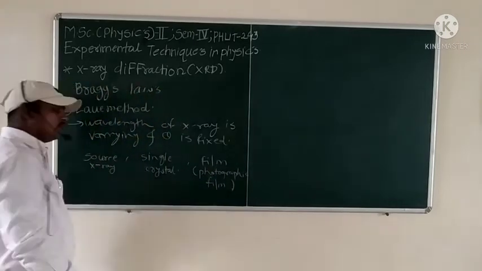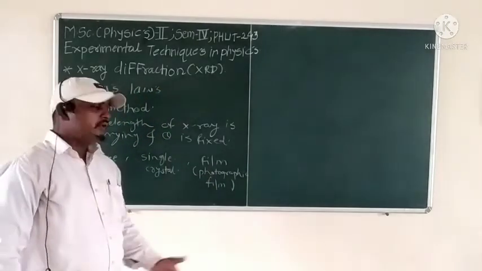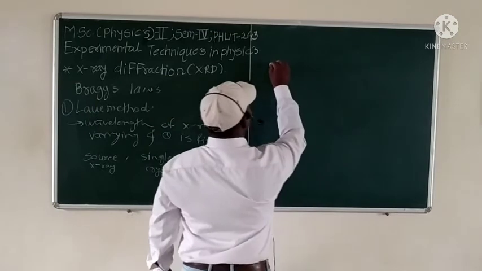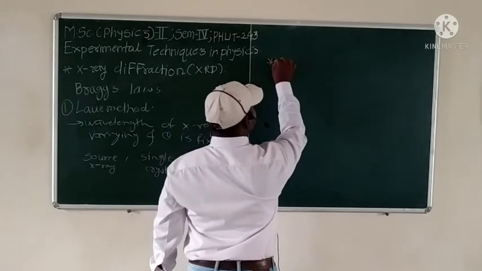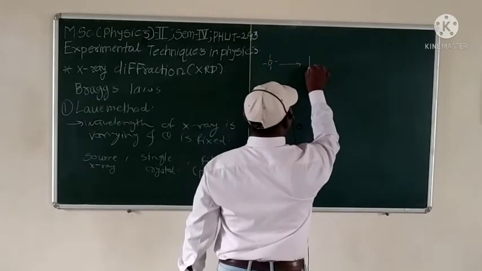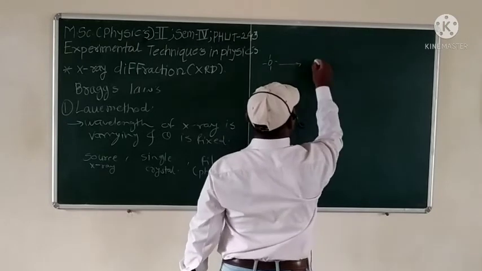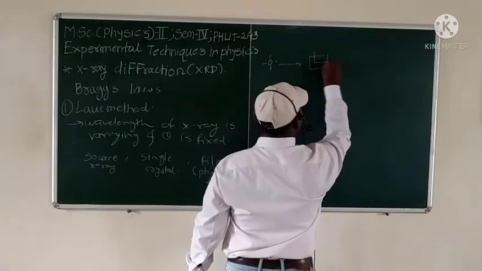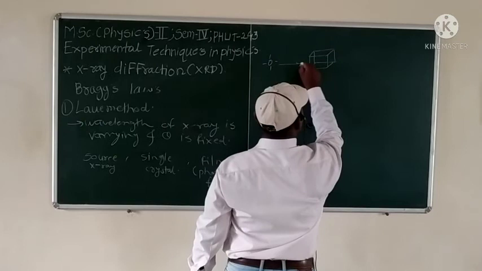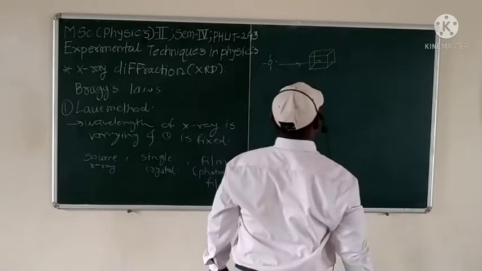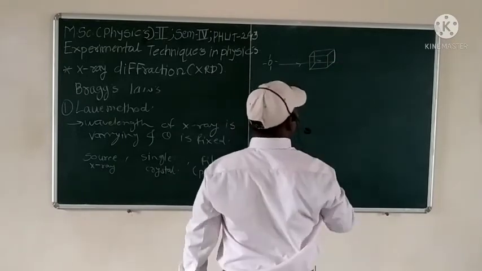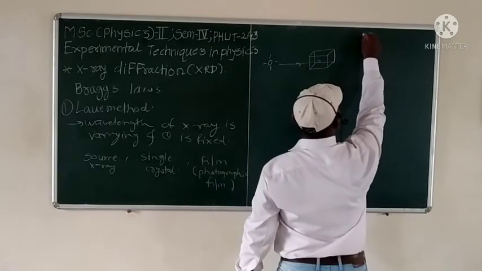When the X-ray is incident on photographic film, it will illuminate it. Okay. So if we use an X-ray source and make it incident on a single crystal, the X-rays interact with atoms or the different planes inside the crystal, and are diffracted in all directions.